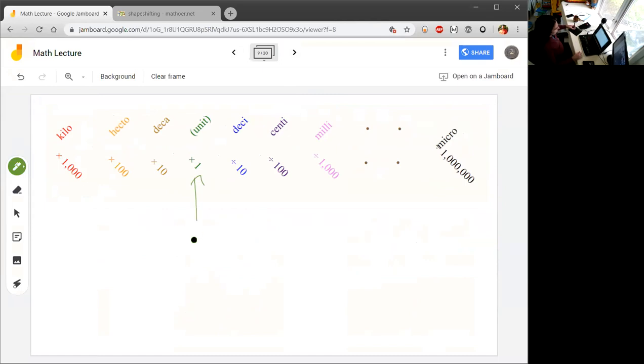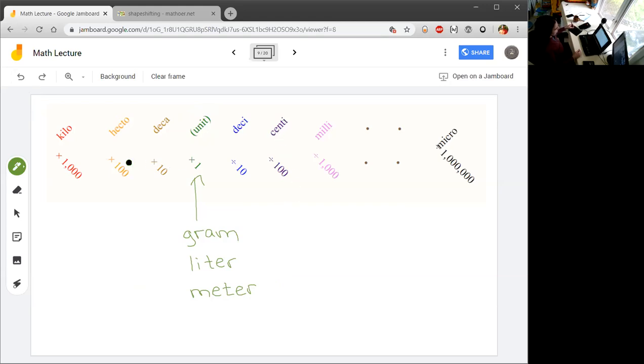This is where we have our gram or our liter or our meter. If we were doing more things, we could put watts or smoots or all sorts of other units here that we don't care about. So when it says unit, that's what it means. What measurement unit are we using?